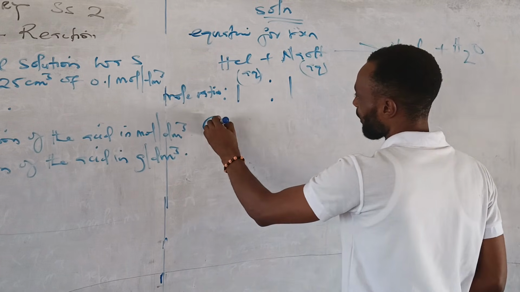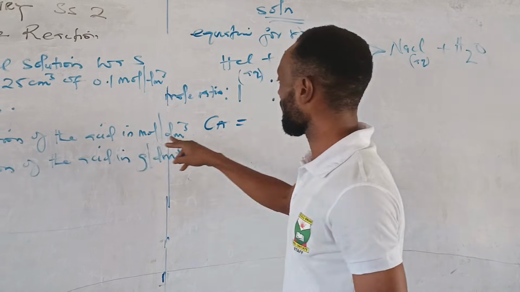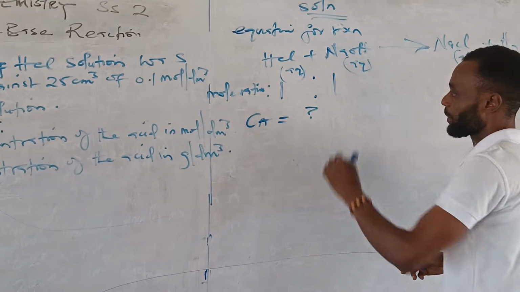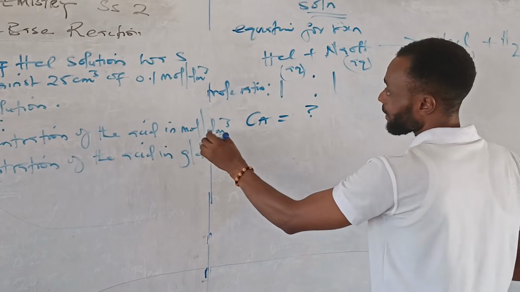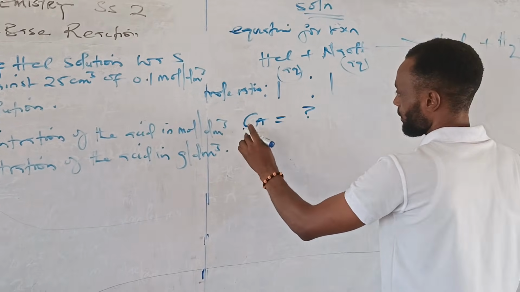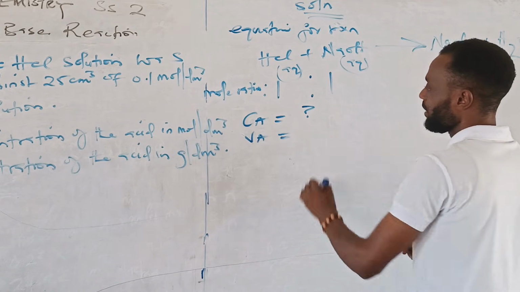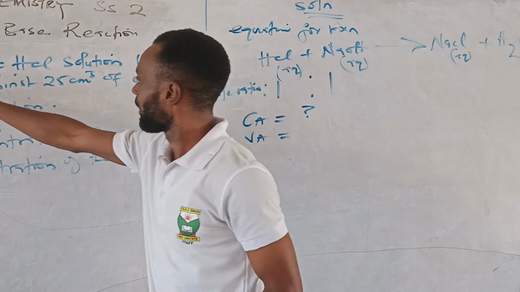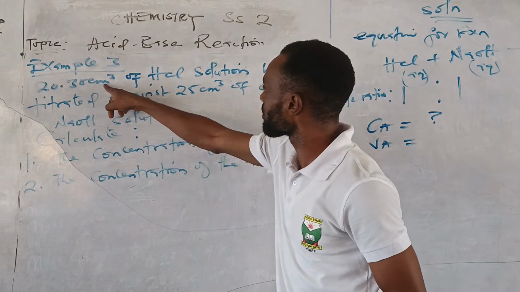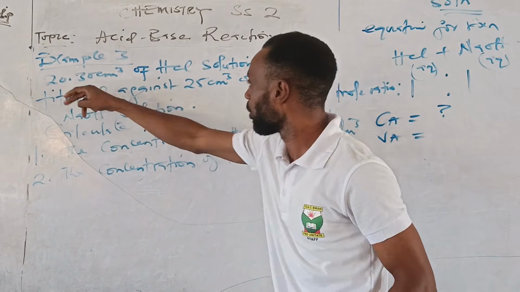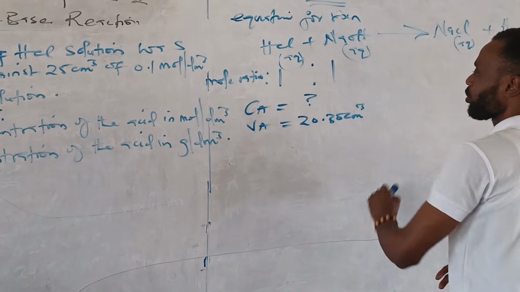Where we have our Ca. Our Ca is the concentration of the acid we are asked to find. We don't know it, we represent it as a question mark. Then we have our Va, which is the volume of the acid. Looking at this, we are given 20.30 cm cube of HCl. Of course, this is the volume of the acid, 20.30 cm cube.